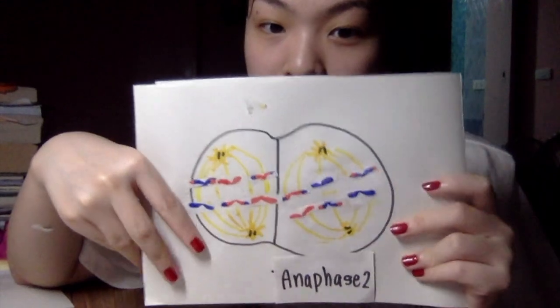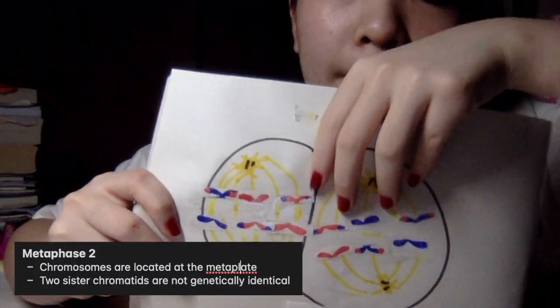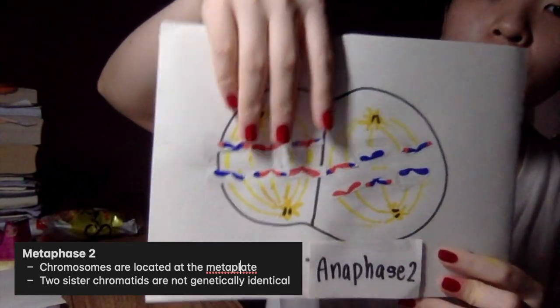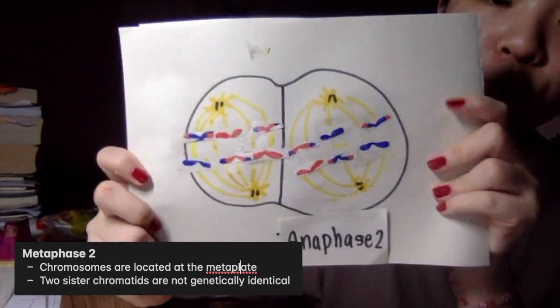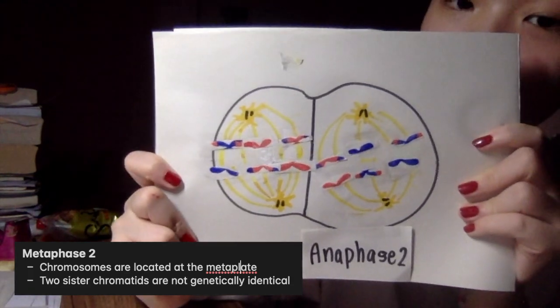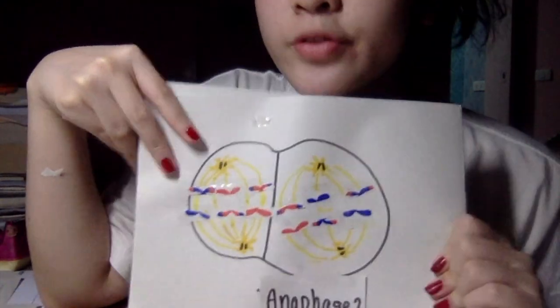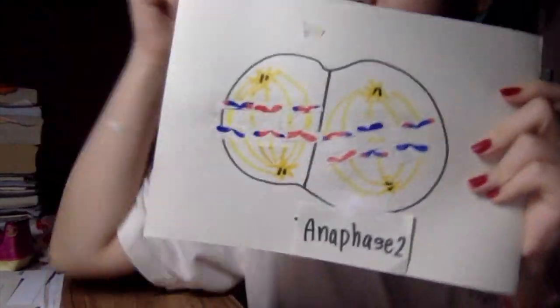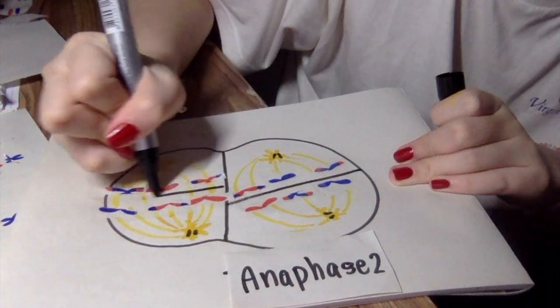So this is how anaphase 2 would look, and you can tell that the microtubules have already pulled them. Just now it was connected, but now they pulled them apart, which created something like this. And after anaphase 2 is done, we're going to be moving on to telophase 2, which means that these are going to be pulled apart like that, and they'll be creating like that.